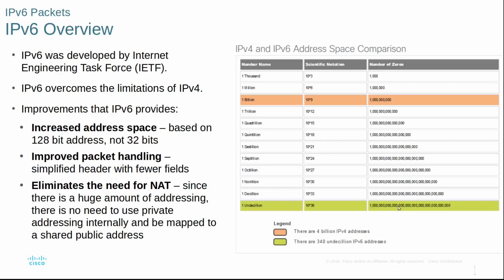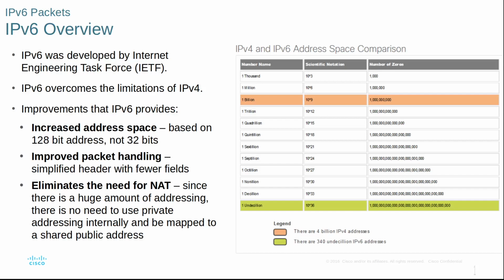Look at undecillion, that's 36 zeros. I think I miscounted. It's way, way bigger, right? So we have a lot more addresses.